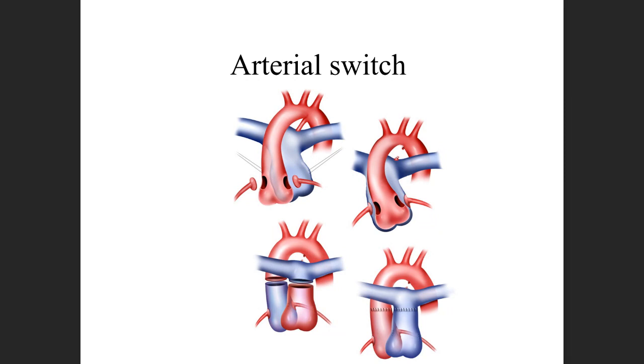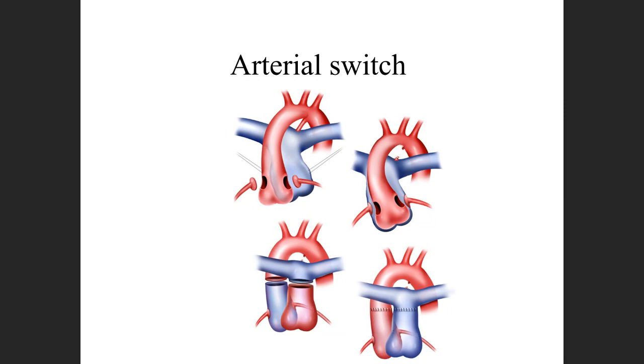Okay. So the problem with transposition of the great arteries is that we have the aorta coming off from the right ventricle, and we have the pulmonary artery coming off from the left ventricle.